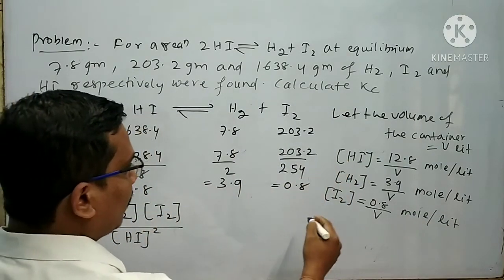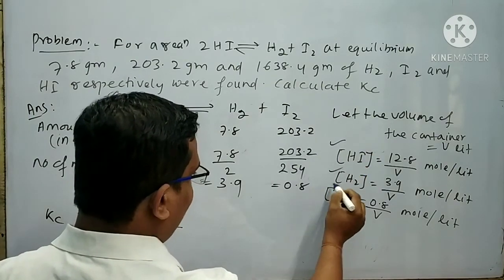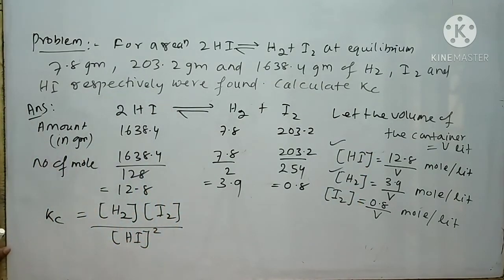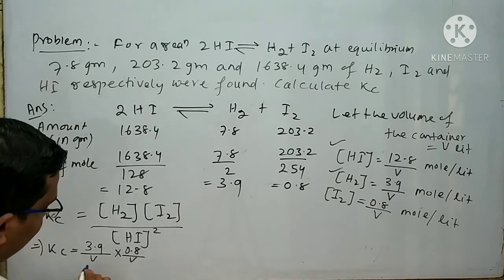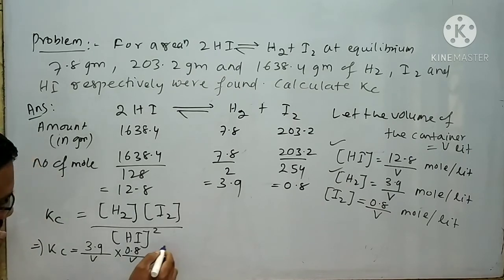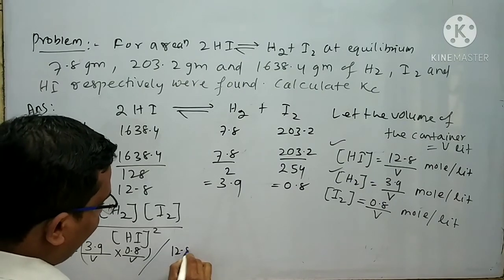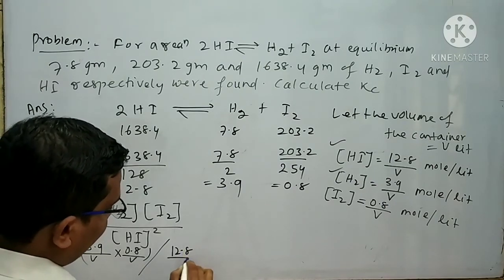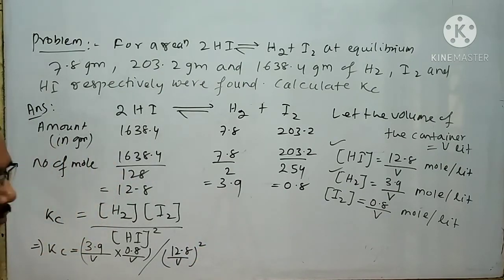Now put the value of concentration of HI, hydrogen and iodine in this equation. Then I can write Kc equal to 3.9 divided by V into 0.8 divided by V whole divided by 12.8 divided by V whole to the power 2.